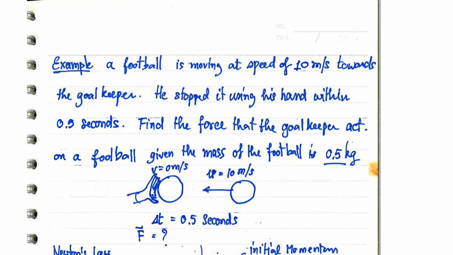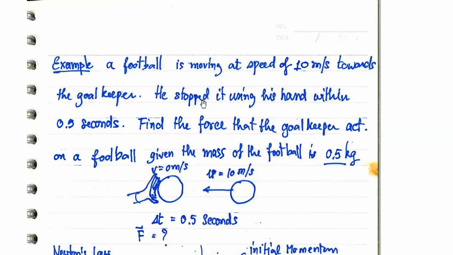He stops it using his hand. The ball is moving at 10 meters per second, you put your hand on it and then stop it within 0.5 seconds. Find the force that the goalkeeper exerts on the football, given the mass of the football is 0.5 kilograms.